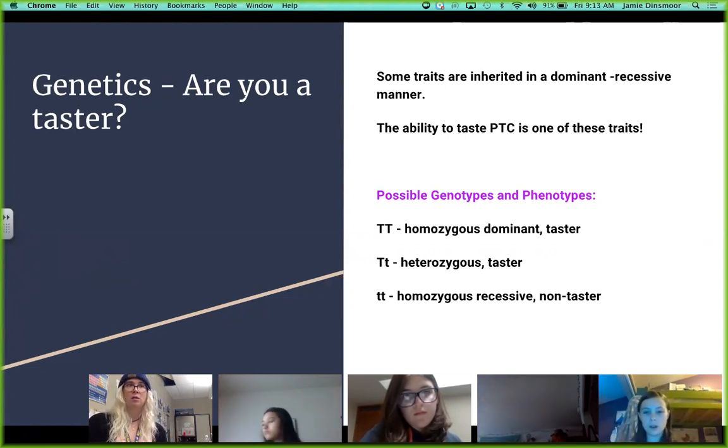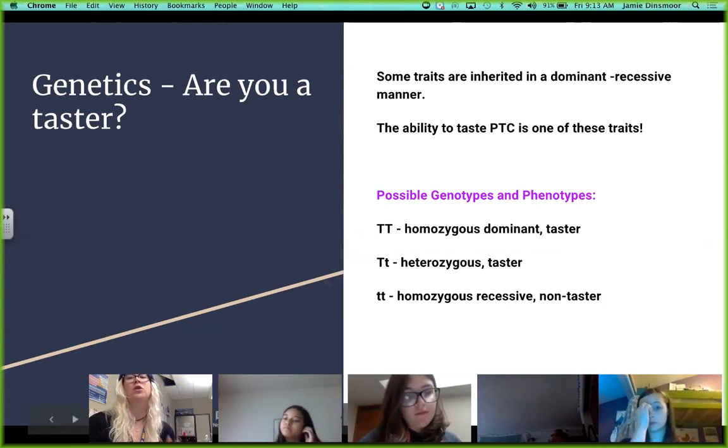Now, we know from our studying of genetics, you might even know from going through some of the lessons, that not every trait works like this, right? That would be amazing if it did. It would be so easy for us to figure these things out. Sometimes you can have co-dominant traits where it's kind of expressed, which we'll talk about as we talk about PTC as well.